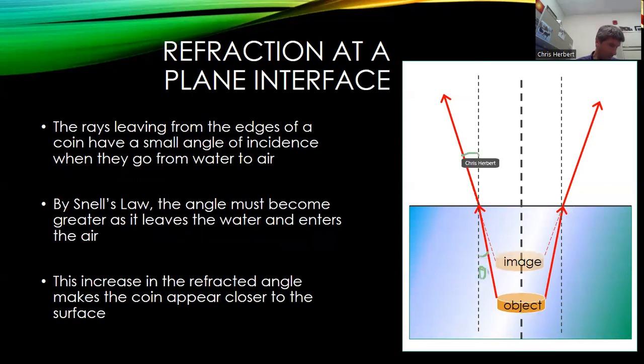And the angle of refraction, we're going from a higher index material to a lower index material. The lower index material means that the angle of refraction is going to be greater. And if I trace that back, that places the image at a slightly lower distance than the object. So here, DI is less than DO.